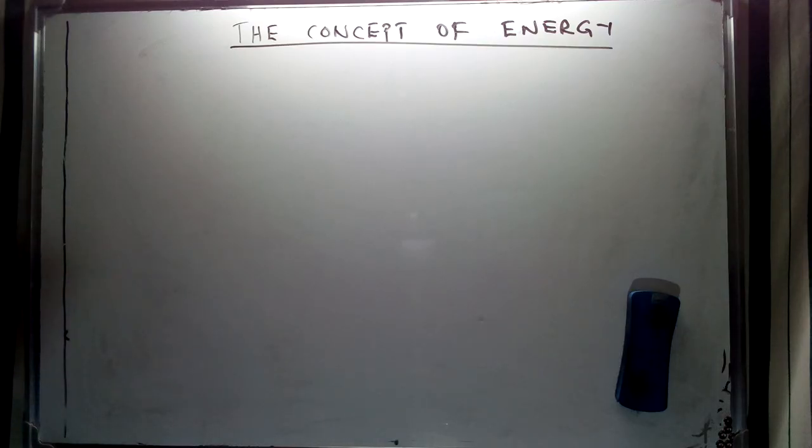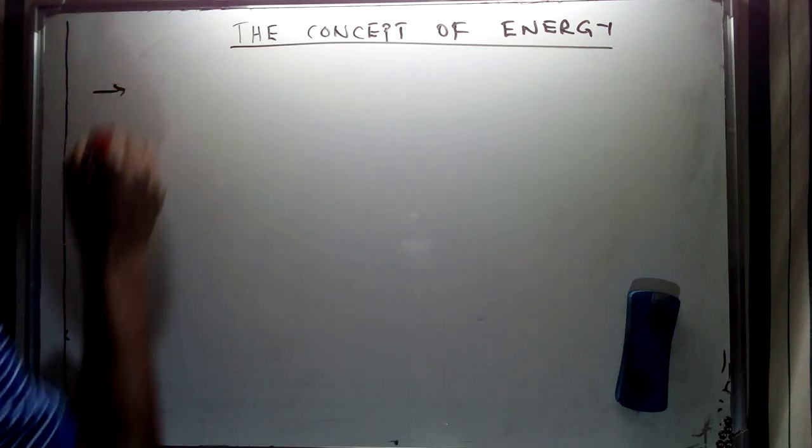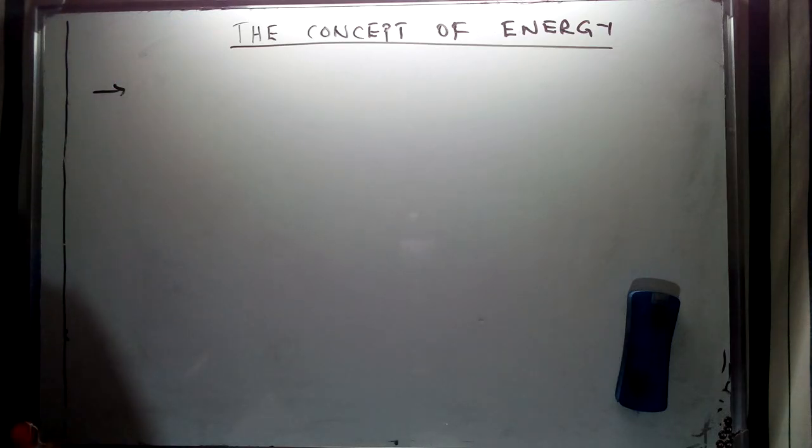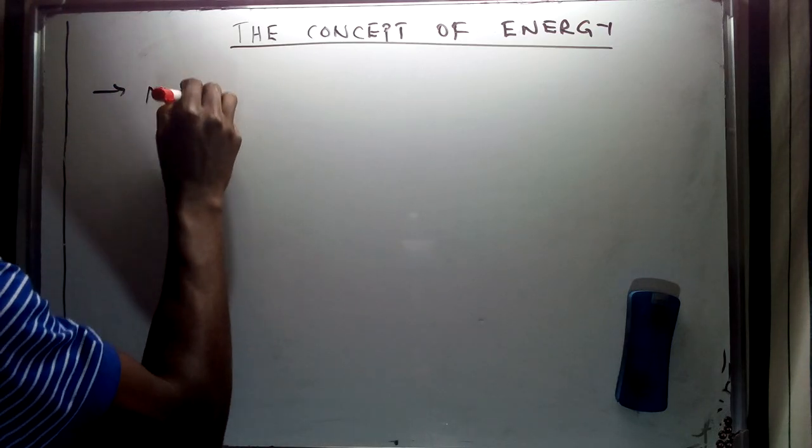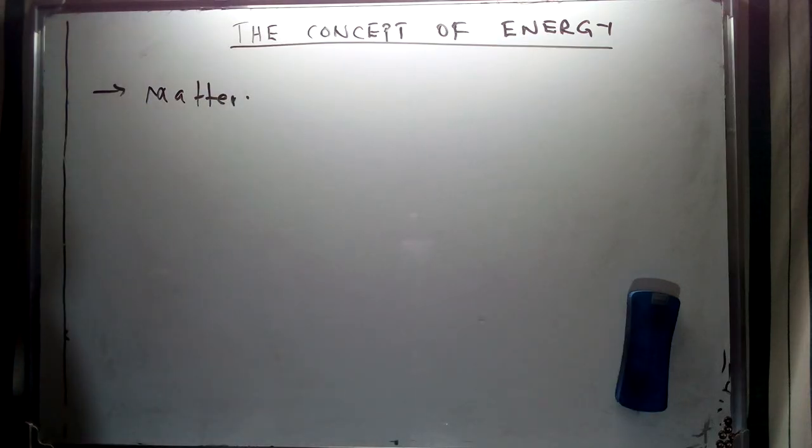So in this sense, we are going to look at this particular concept of energy. In trying to define energy, we're going to look at the relationship that exists between matter and this aspect of energy that we're going to describe in various forms.